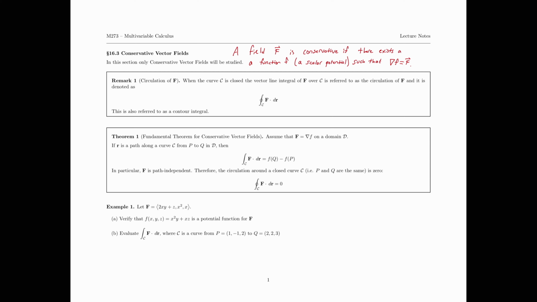Can you find a function whose derivative is this function? So in this sense, little f, the potential function, is sort of a multivariable antiderivative because its derivative, the gradient, is that vector field.